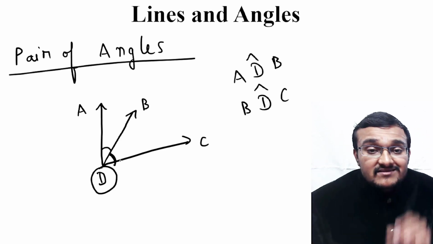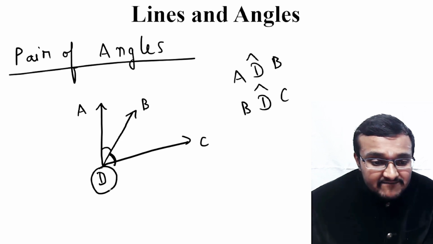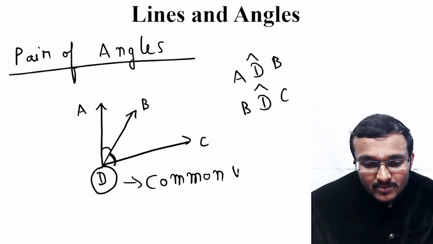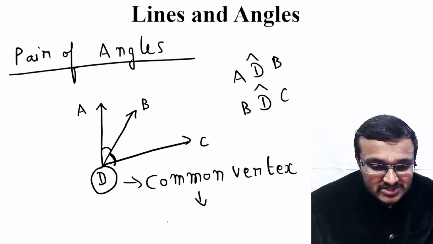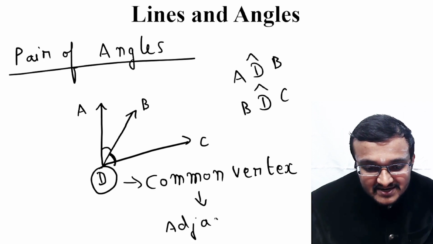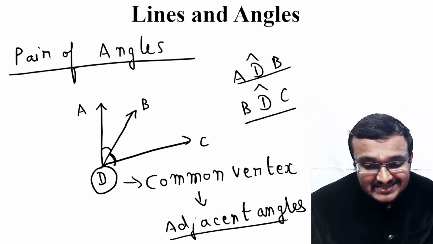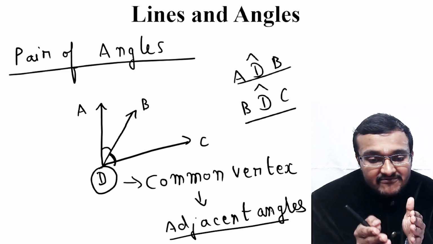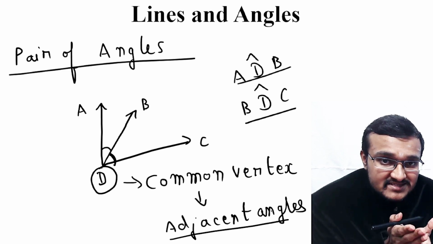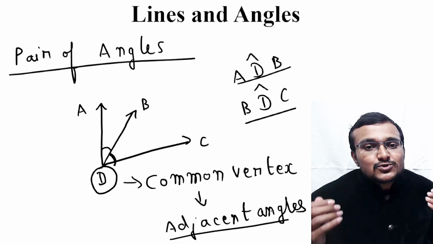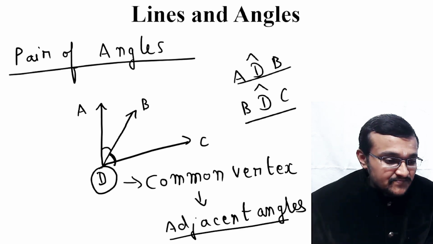So if two angles have a common vertex, then those angles are known as adjacent angles. So here these two angles, ADB and BDC, are known as adjacent angles because these two angles have a common vertex, that is D.